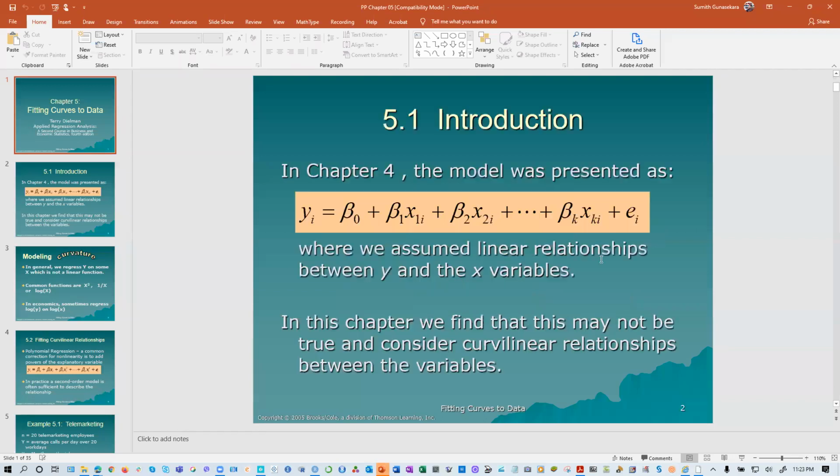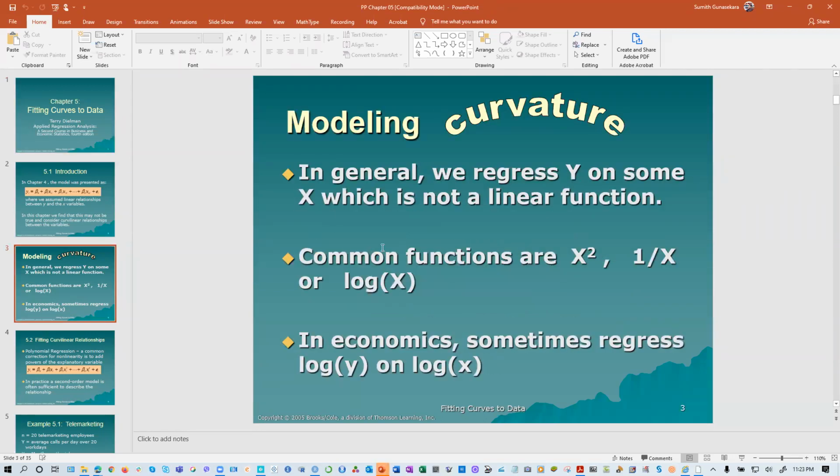See, fit curves to data. That means mainly that instead of working with x, we're going to square it, x squared, fitting some kind of parabolic shape, or 1 over x inverse, or log. These are the 3 major common transformation functions that we're going to utilize.